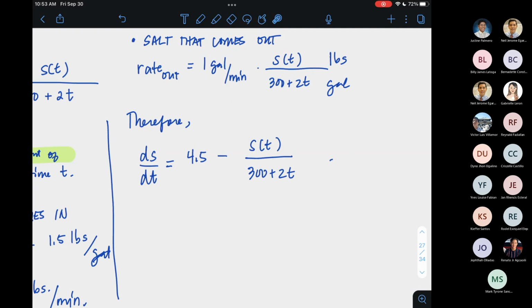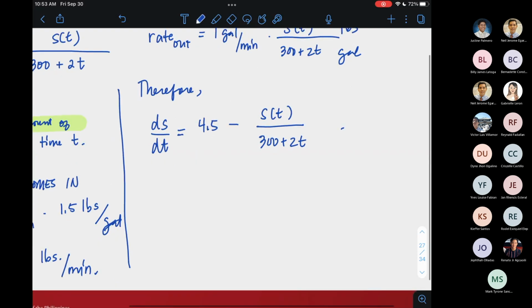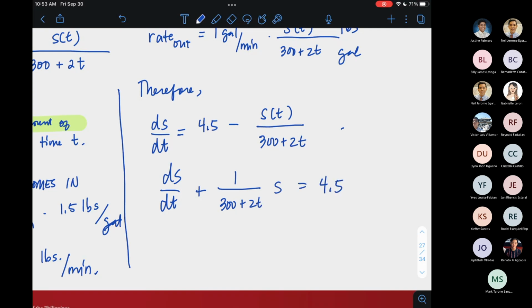And then what I'll just do is to transpose this term to the left. So we'll have ds over dt plus s of t, I'll just write s for brevity, so this will be 1 over 300 plus 2t times s equals 4.5.